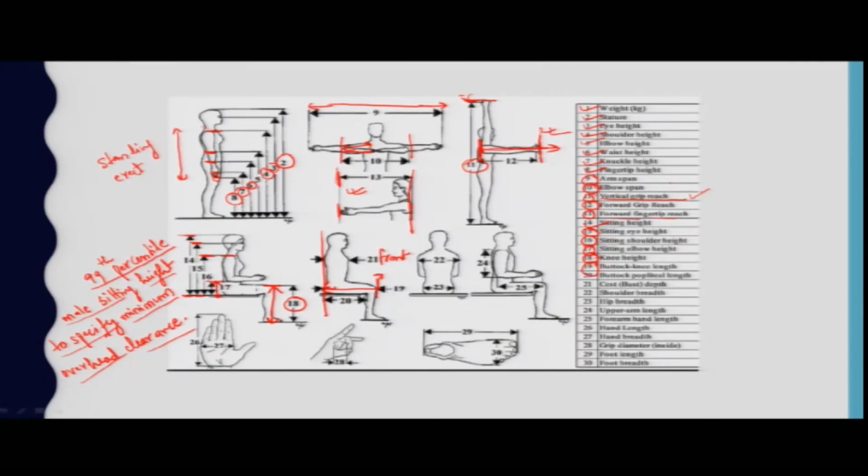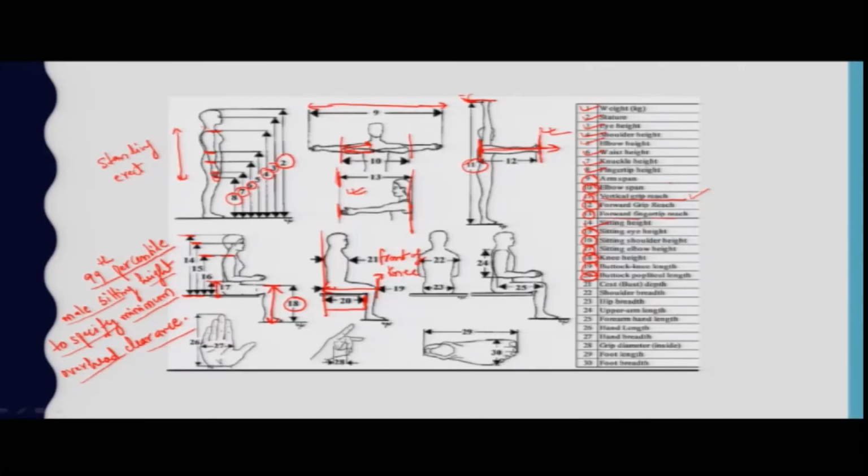This is the front of the knee. And again, this buttock popliteal length. Buttock popliteal length is the horizontal distance, popliteal is basically the lower portion of your leg.